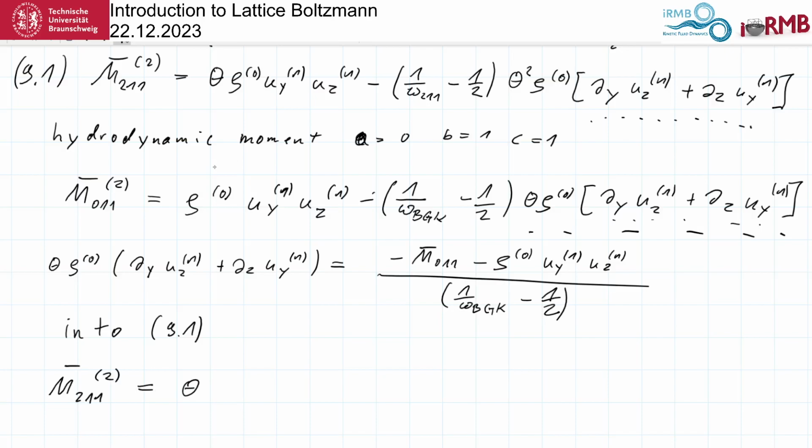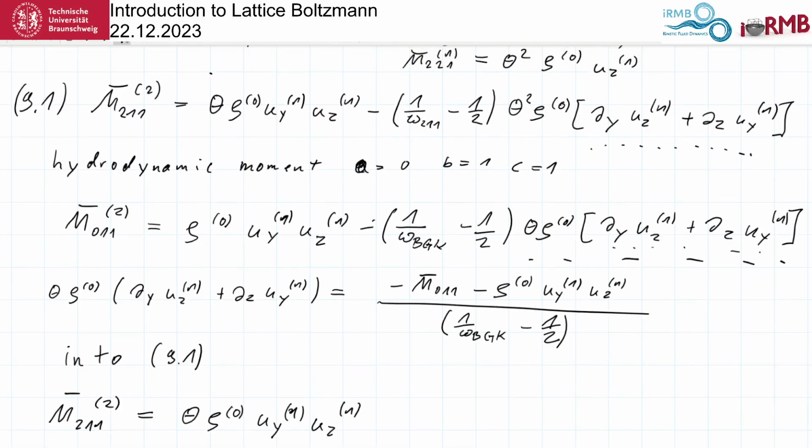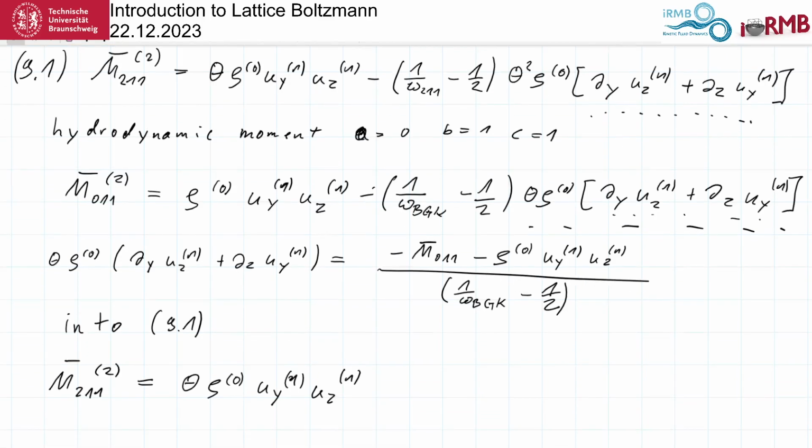Here comes the equilibrium rho, theta rho 0, uy first order, uz first order. And now we put all of this into this place. So we'll still have this here in front, and we'll have this guy here.